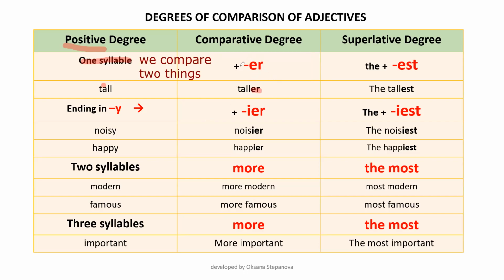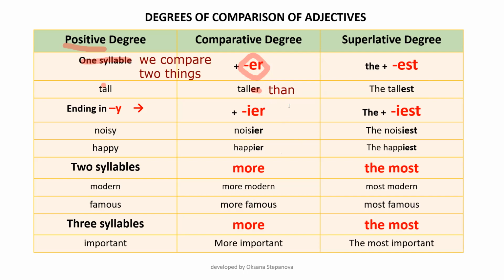In this degree, we add the suffix er to most of our adjectives. Sometimes they may have two syllables, but we still change to er, sometimes not. Let's talk about that later. Now back to taller. After this adjective in the comparative degree, we normally use than, because we compare things.